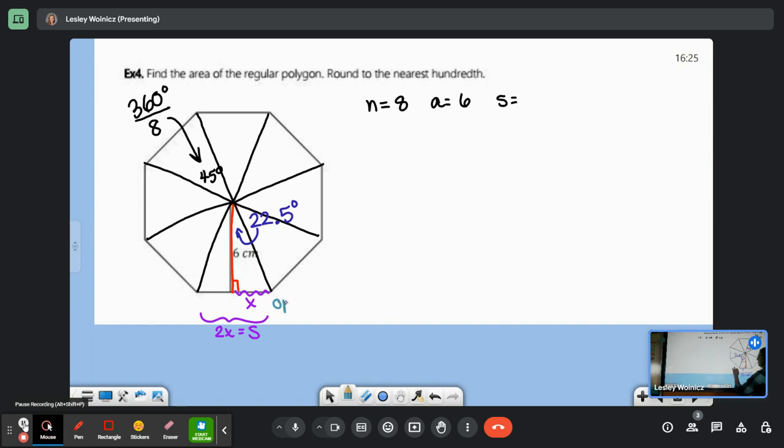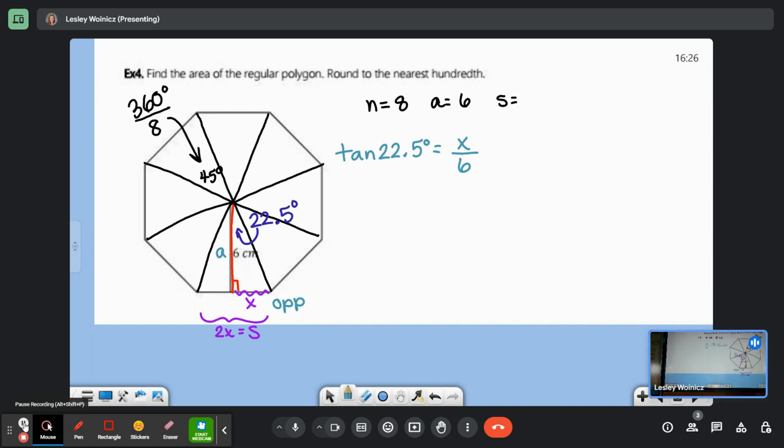So this is the opposite, and the 6 is the adjacent, which is A for apothem also. All right, so which of our ratios uses opposite and adjacent? Yep. So we're going to use tangent of 22.5 degrees equals our opposite x over our adjacent, which is the apothem 6.